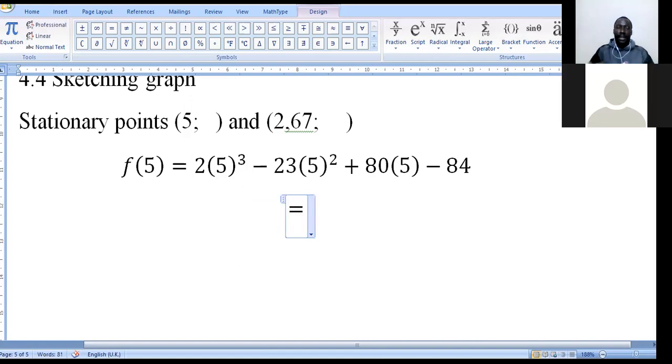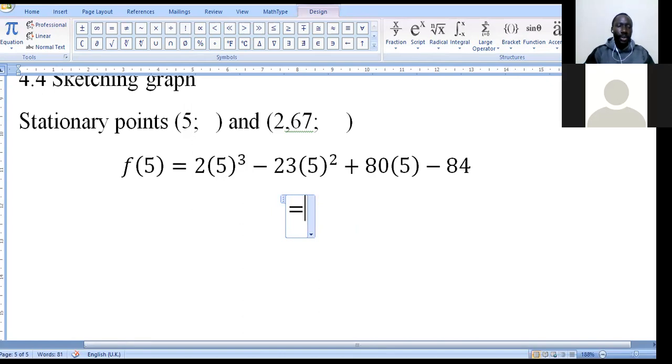And what is it? Well, let's get right away with our calculator. If you're calculating from there, you can just send me the value right away.